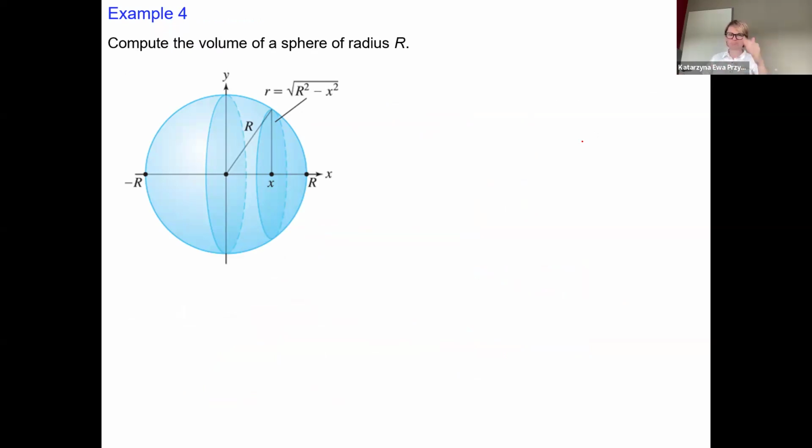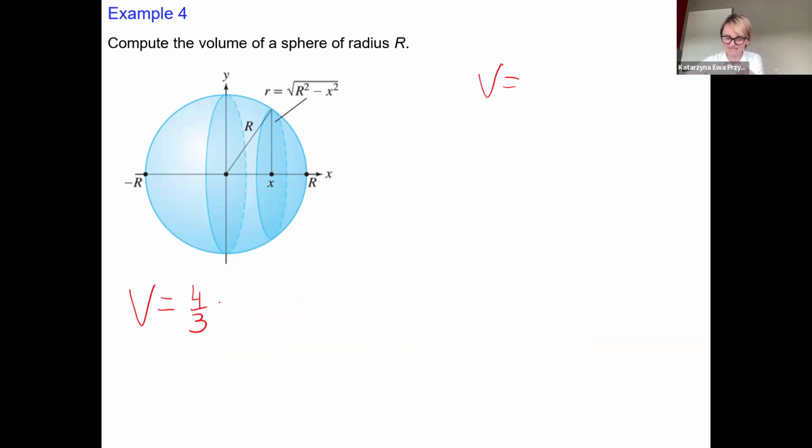It's also nice, just the circles, because we actually know the formula. Do we know the formula for the volume of the sphere? Who remembers it? That's actually derived using a definite integral.